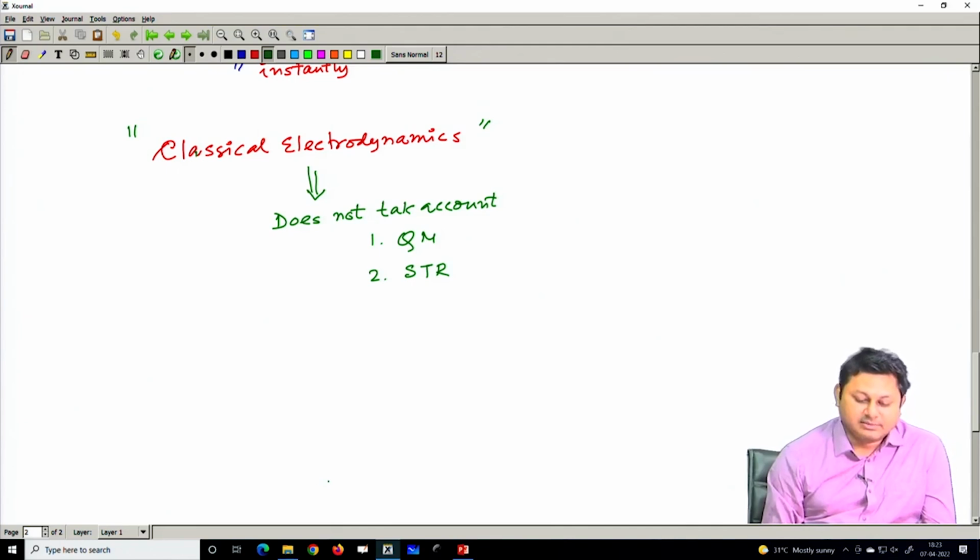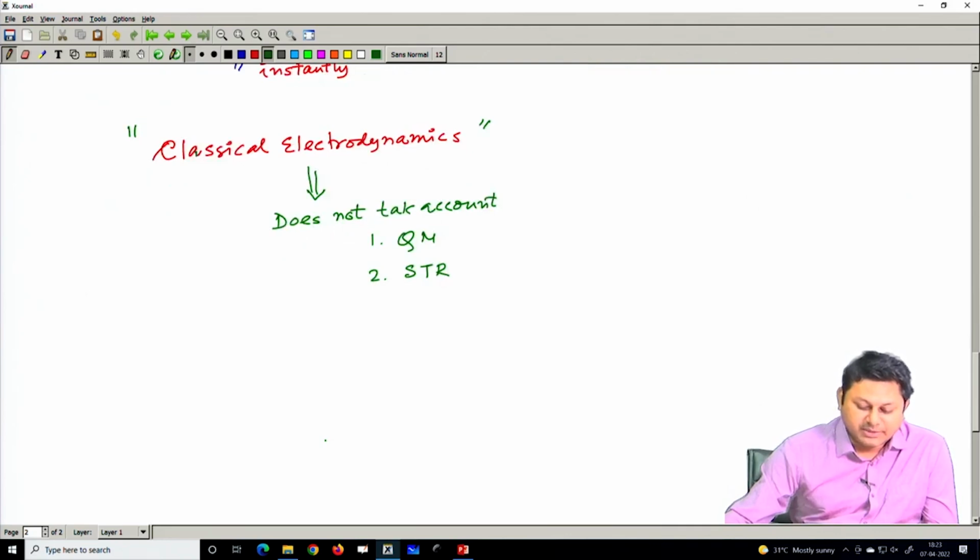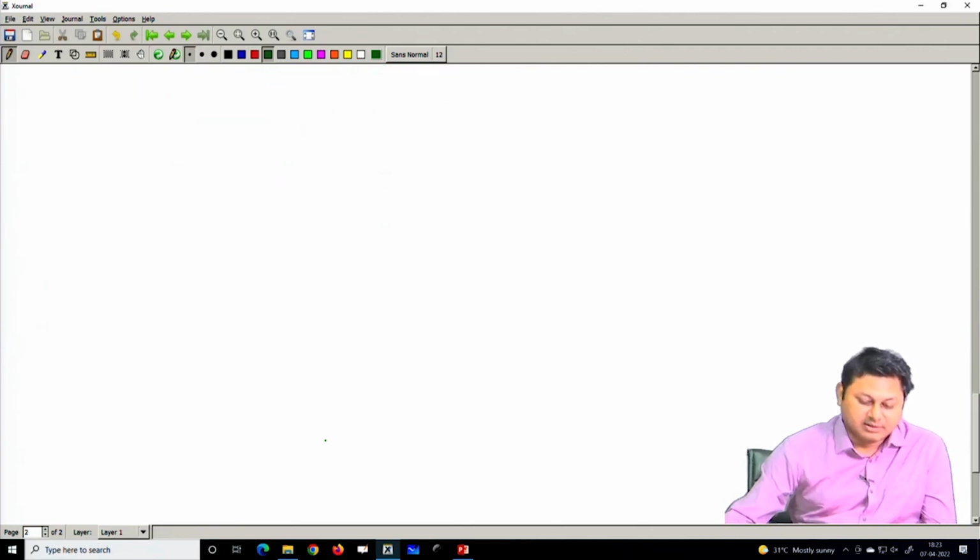So, all the charged particles stand still, static, and this static charge gives rise to a static electric field, and when it moves with a constant velocity, that gives rise to a magnetic field, and when they accelerate, they will radiate, electromagnetic radiation will be there. But at this stage, we will consider this as action at a distance, and purely the classical picture we will discuss, where the quantum mechanical aspect, that means what happens at the microscopic level, or what happens if the charge is moving relatively, these things will not be taken into account. So, that is why this course is at the classical level.